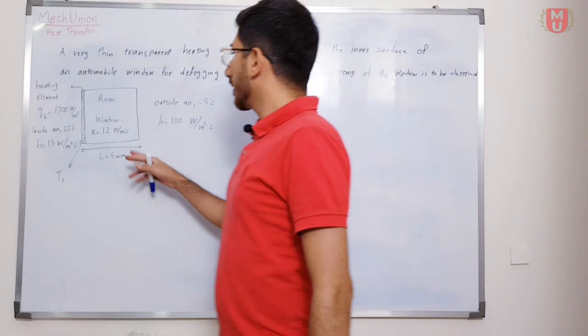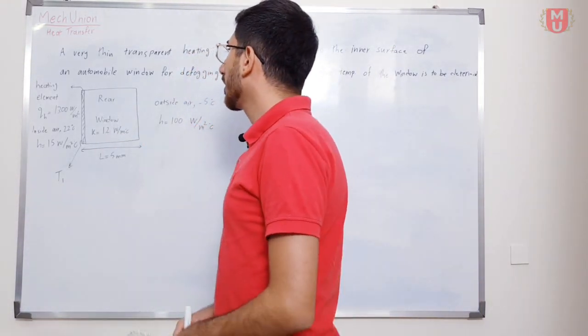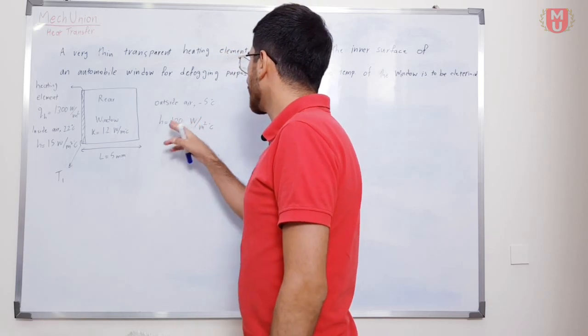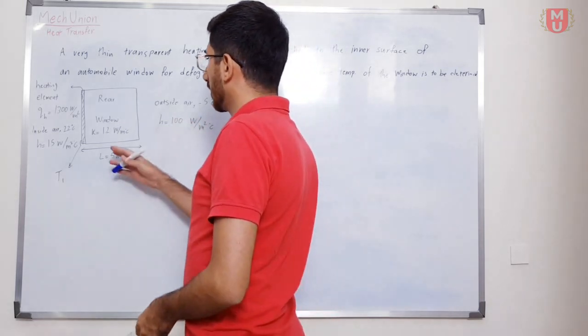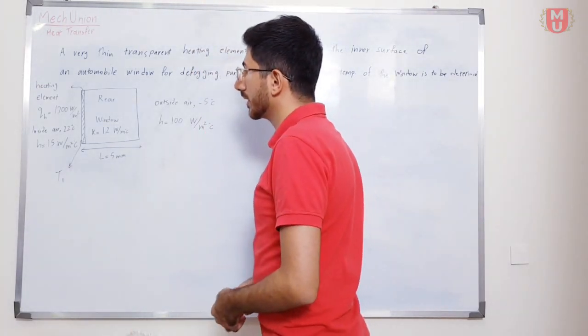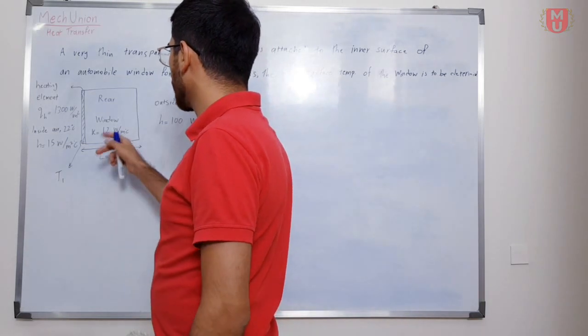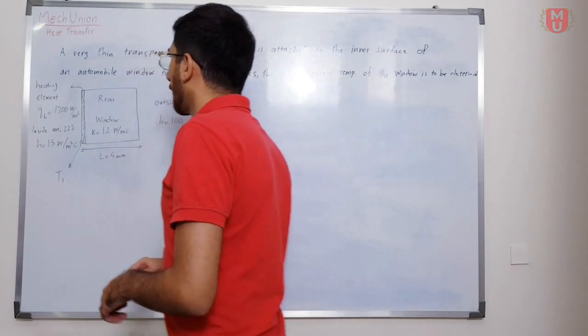We have been given this figure and thermal properties inside and outside, and the geometry of the window and its thickness and its thermal conductivity, and it is said to find T1.